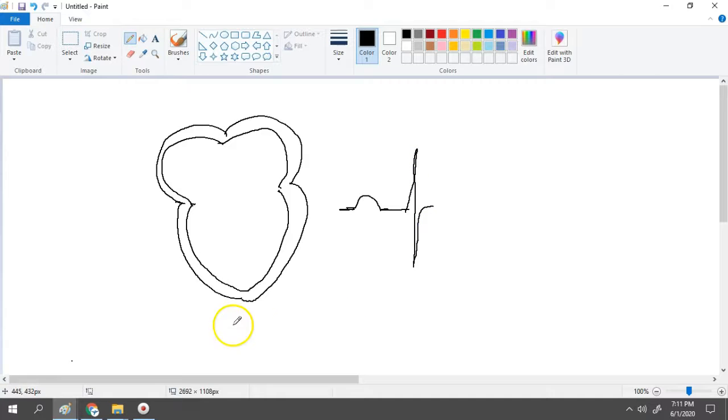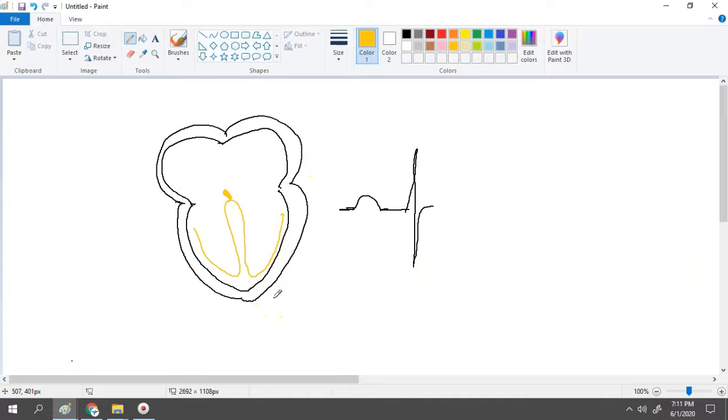QRS complex. Now, a couple of things I want you to remember about this. One, ventricular depolarization comes from the AV node via the His bundle and the bundle branches. Since electrical activity is being carried by the His bundle and the bundle branches, this electrical activity will first depolarize the endocardial area, the region next to the endocardium, and from there it will go towards the epicardium.